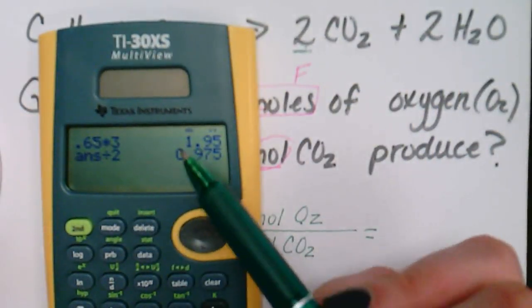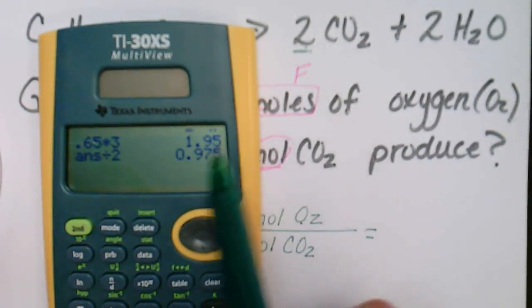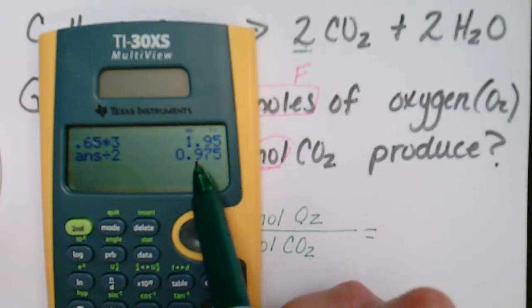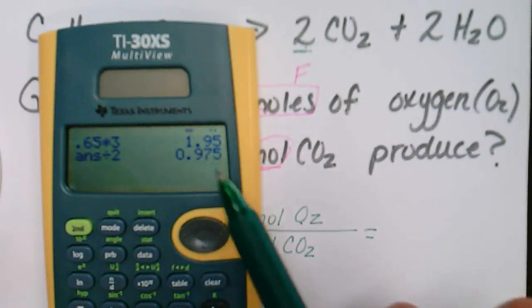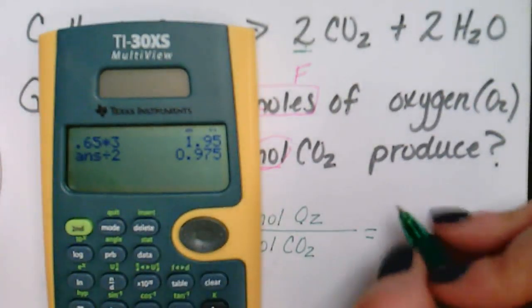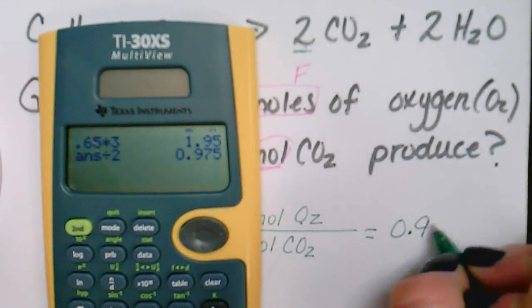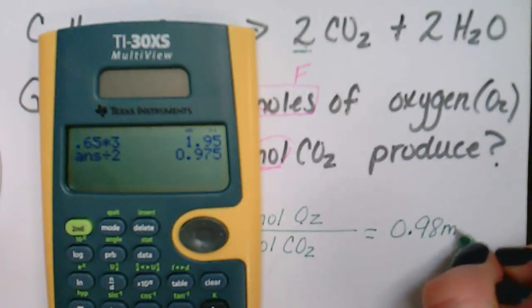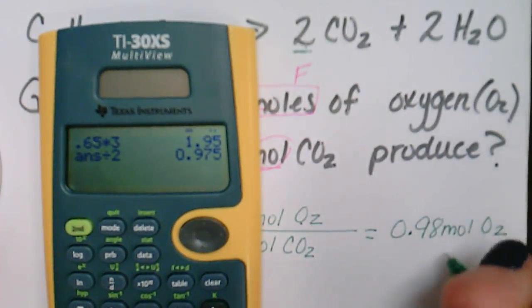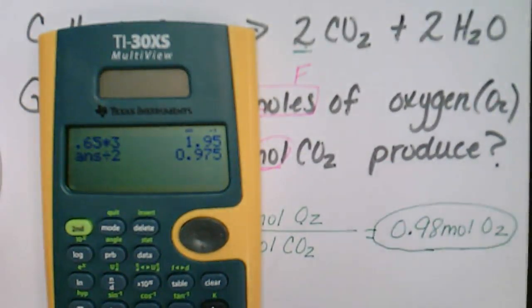Now, we started out with 0.65, that's 2 digits, so we're going to end up with 2 digits. So we need to make this not 0.975, but this is a 5, so we're going to round up, and it's going to be 0.98 moles of O2. And that is your final answer for that question.